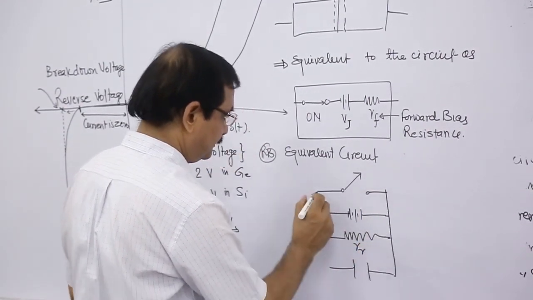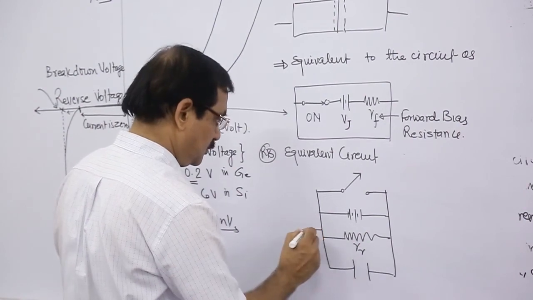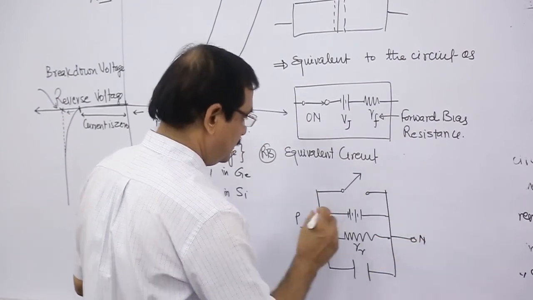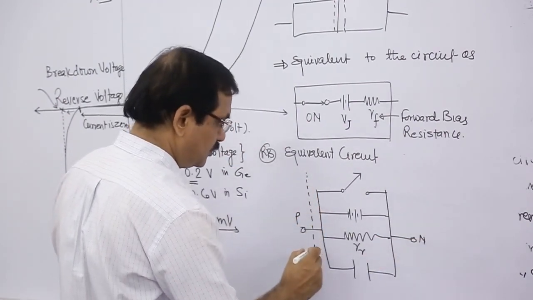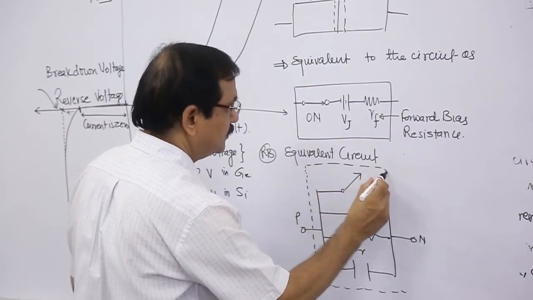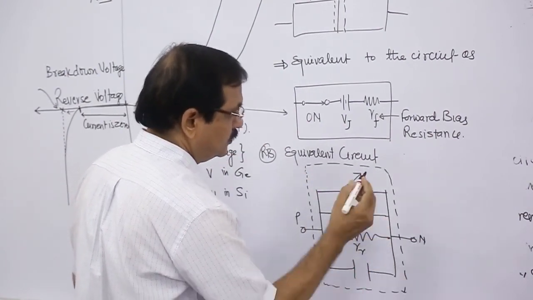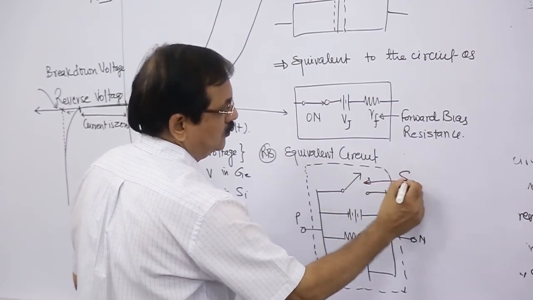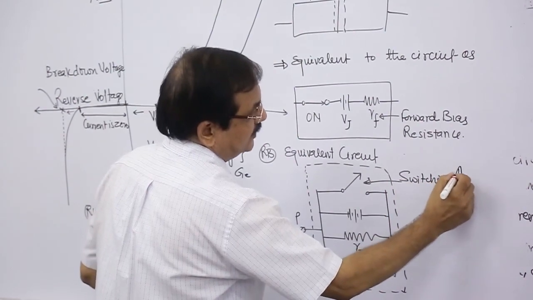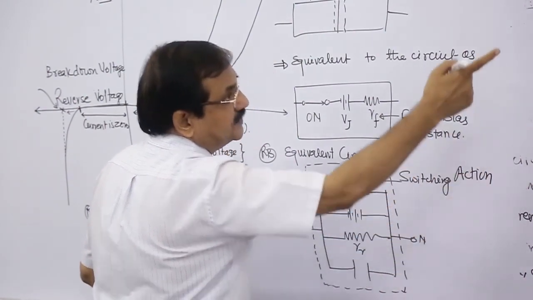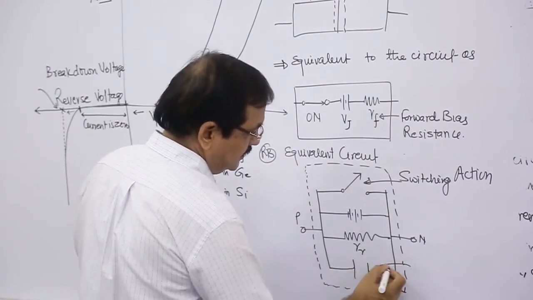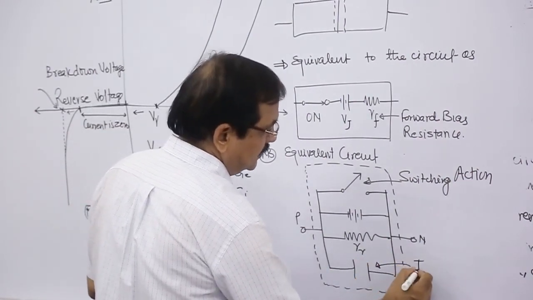All these are enclosed; this is the P type, this is the N type. So, this is called switching action, switching action due to the avalanche effect. This is known as junction capacitance.